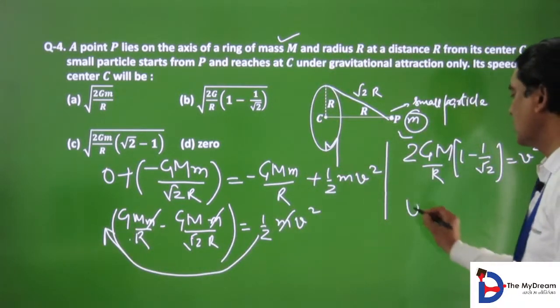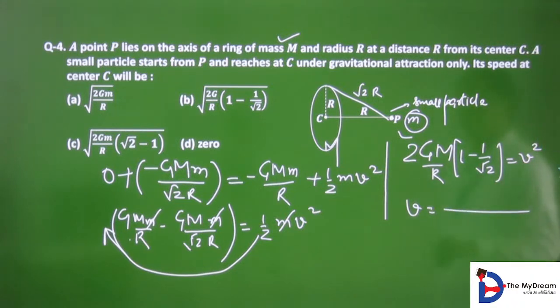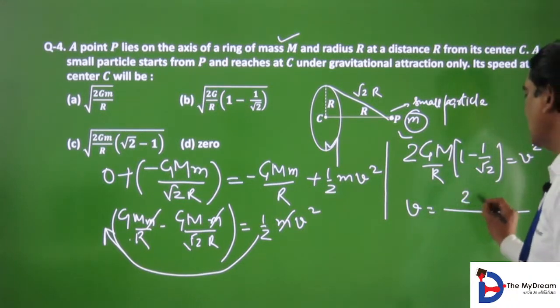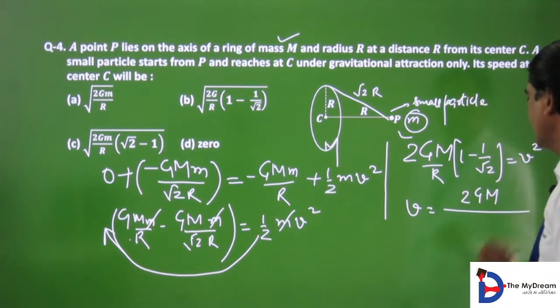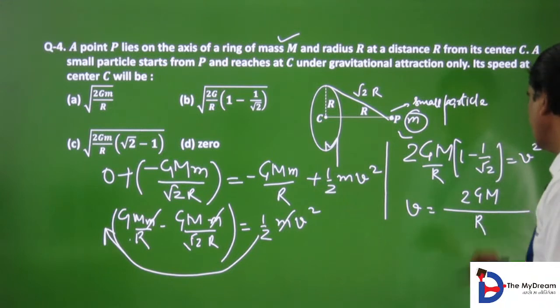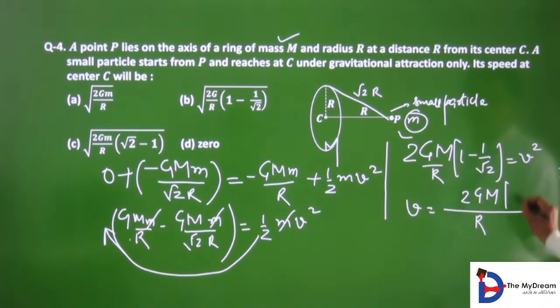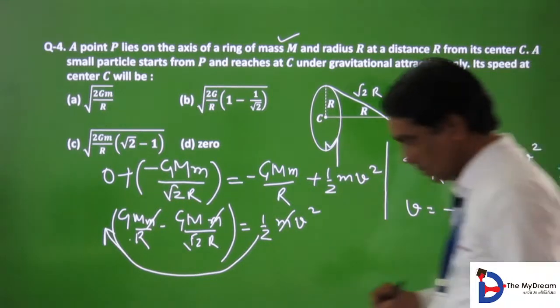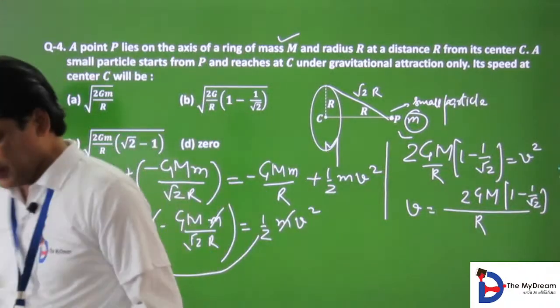So v is equal to the square root of twice of G M by r into 1 minus 1 upon root 2. Yes. Here you see the option.